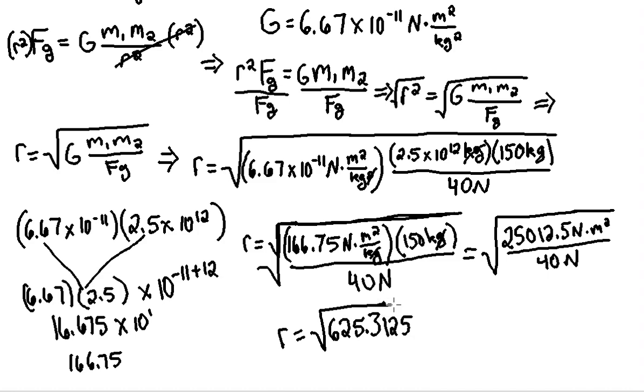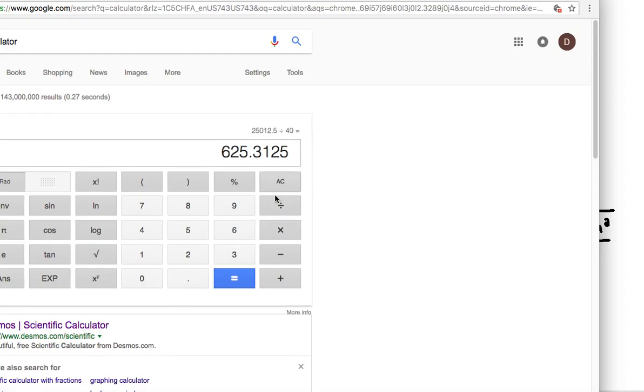So let's check out our units here. This cancels out with this. I have square meters in here. Okay, last step. We're going to take the square root of this. Our square root is going to cancel out our square meters to just leave us an answer in meters, which is how we should be measuring our distances. So just the last step is to take the square root of this.